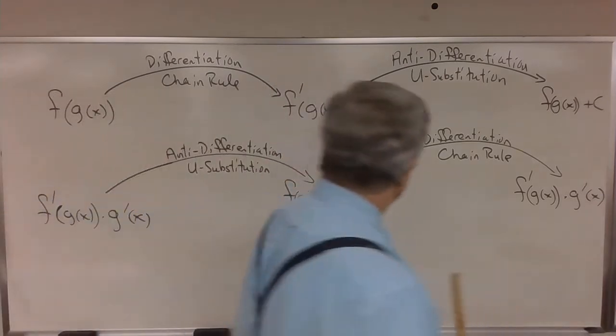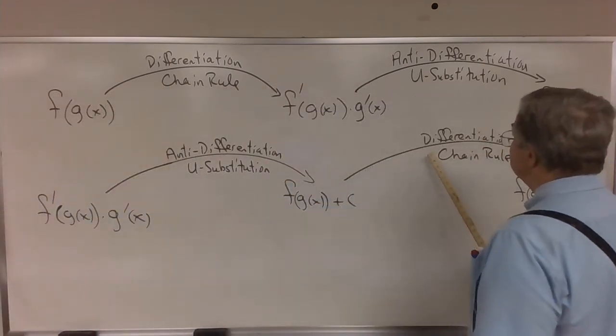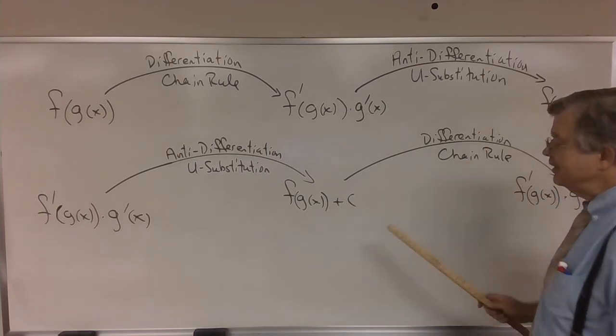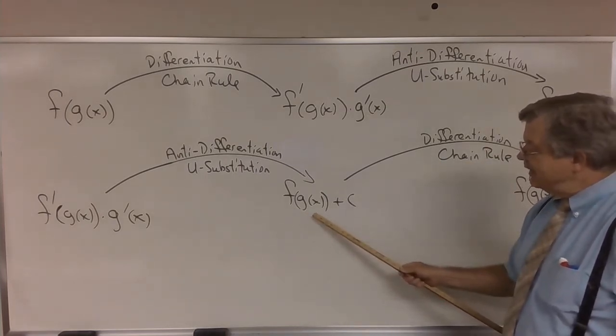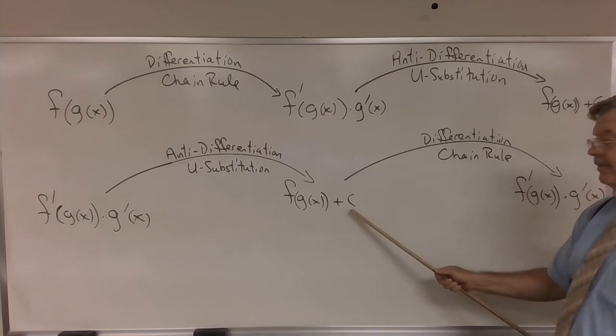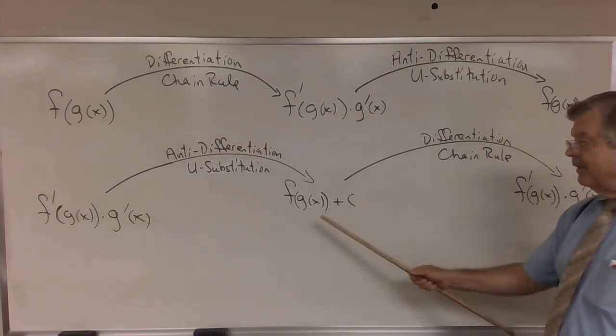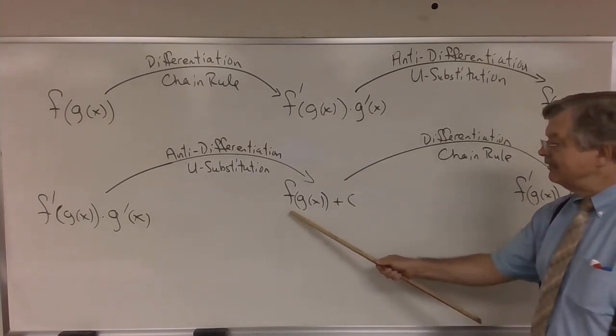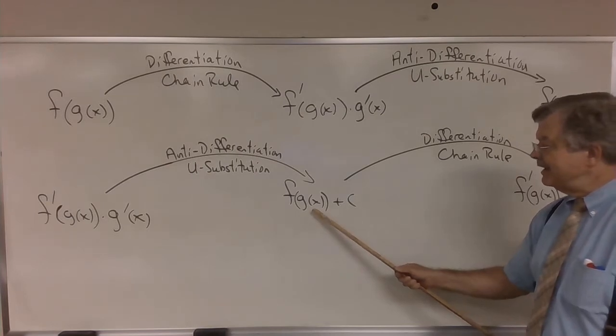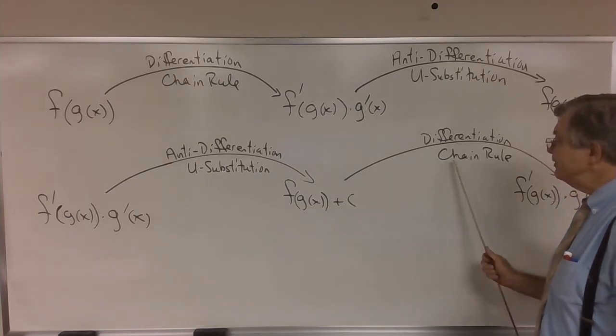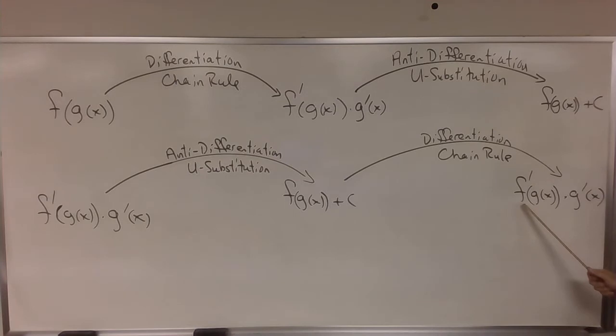And then differentiation and the chain rule take this composite function. And remember, the derivative of a constant is 0. So it takes this composite function, f evaluated at g, and through differentiation, the chain rule gives us the derivative of the outer, evaluated at the inner, times the derivative of the inner.